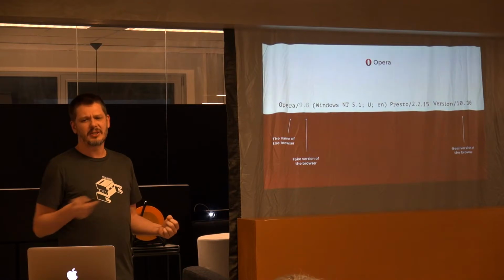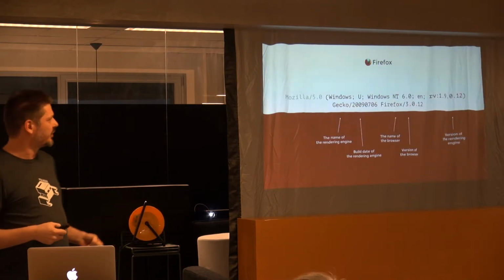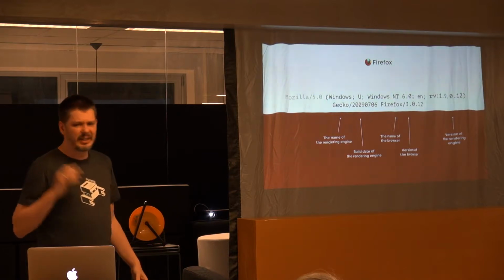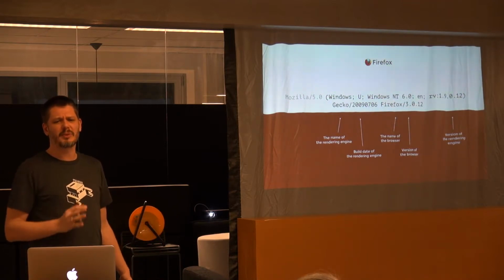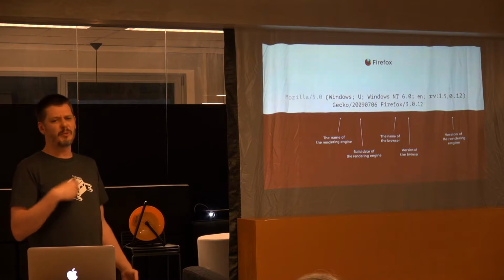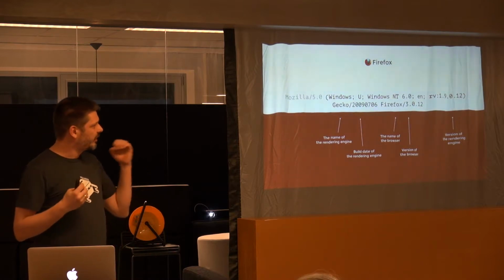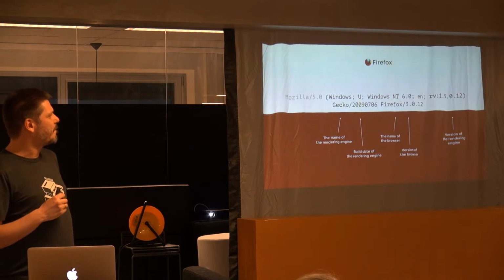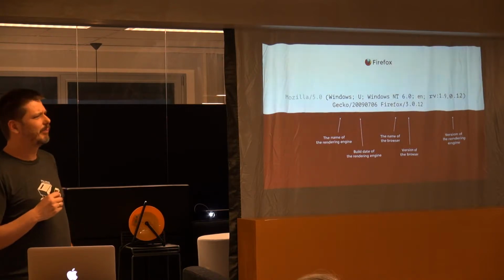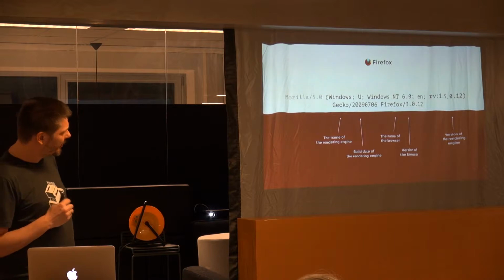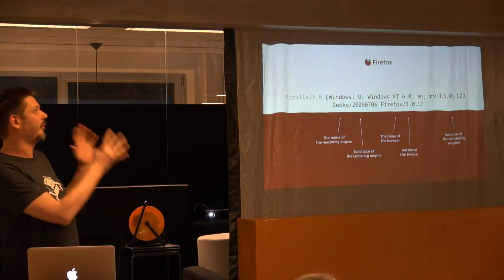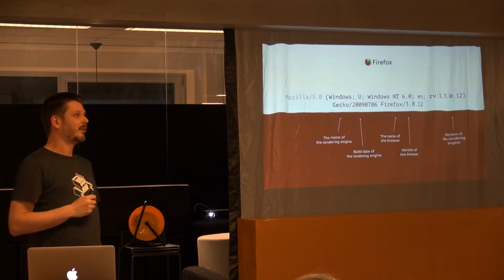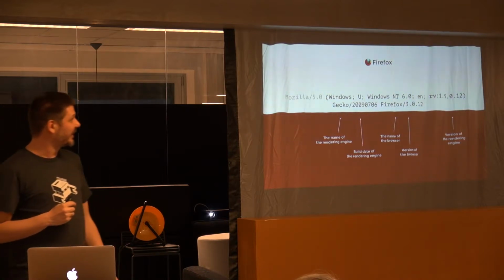And this is, for example, Firefox, which used the Gecko token, which is the rendering engine of Firefox. And instead of a version, they thought it was a good idea to use a build date. This is the date this rendering engine was built. That's a pretty bad decision, because if I take the source code from this rendering engine, this exact version, and create a new build today, it's going to say 2016.